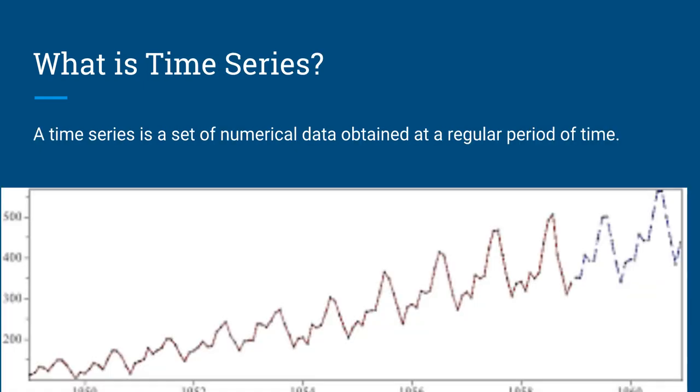All right, so what is time series? A time series is a set of numerical data obtained at regular periods of time. That's the basic definition. This part is important, a regular period of time. That means if it is a quarterly time series or a monthly time series or yearly time series, the period should not change.